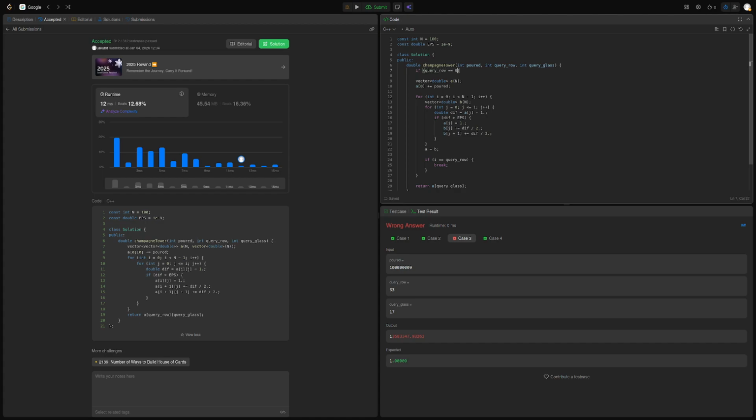Query row 0, return 1. B, fill with zeros.